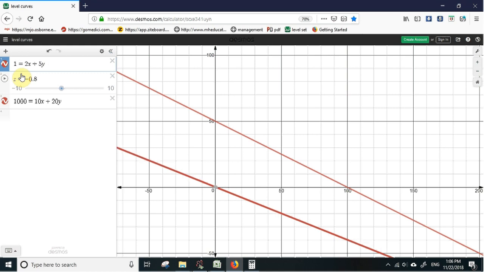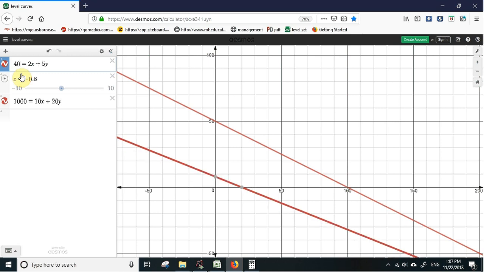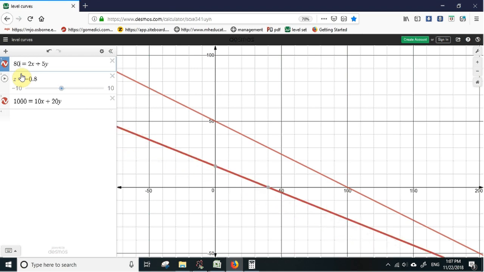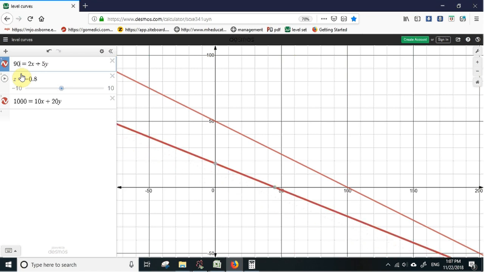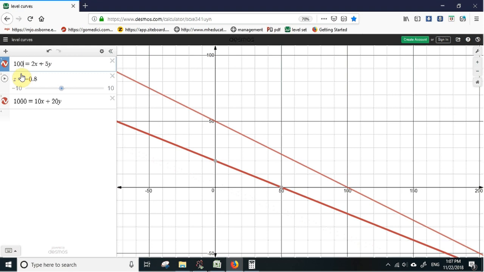So let me shift the indifference curve upward: utility 20, utility 40, utility 60, utility 80, utility 90, utility 100. So it will shift upward in parallel.